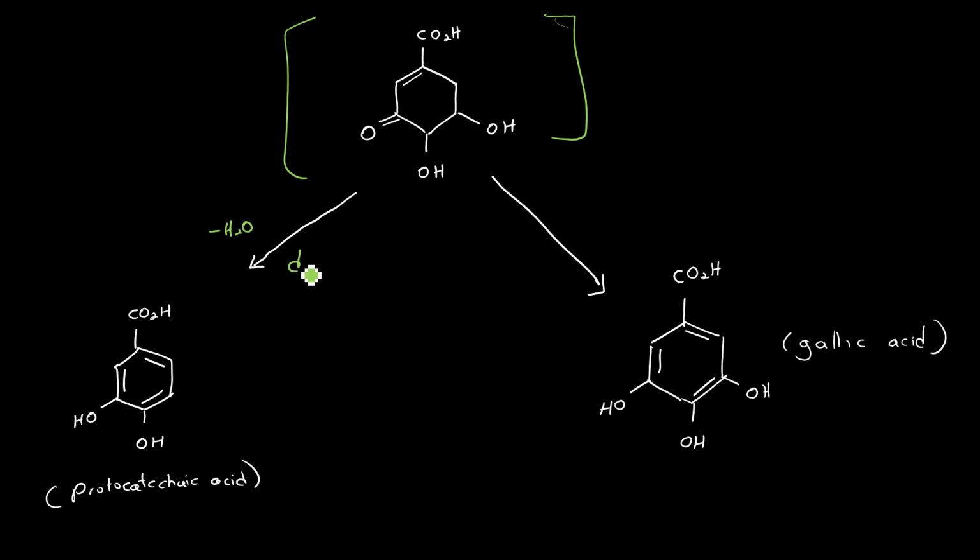Dehydration along with, sorry, not oxidation, enolization. So from dehydration and enolization, we can remove a hydroxyl group to obtain a double bond over here. Likewise, you can obtain this particular molecule.